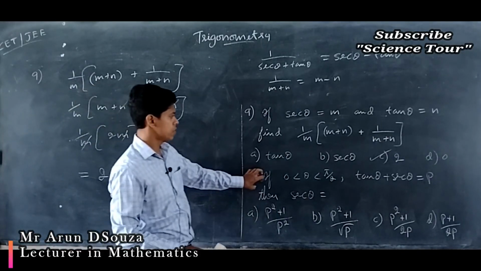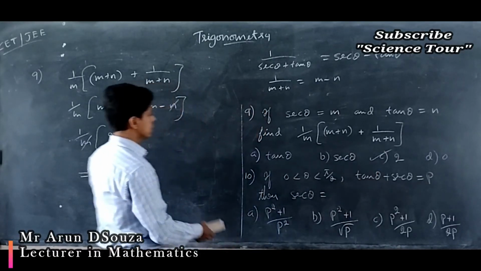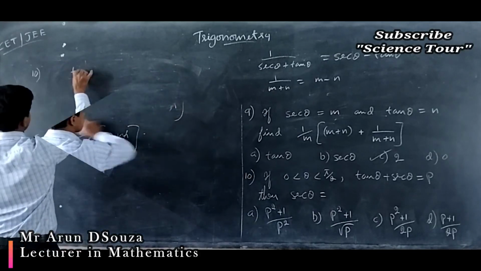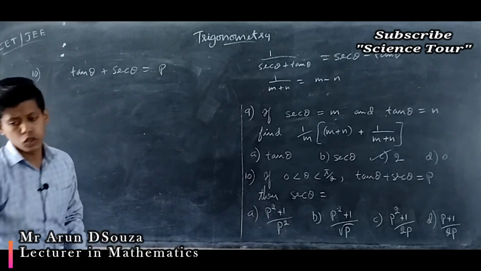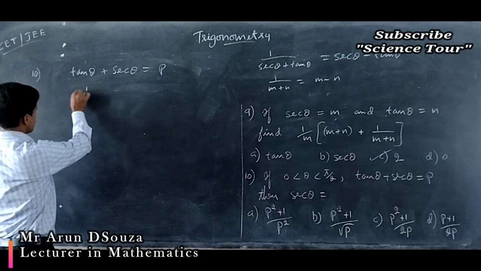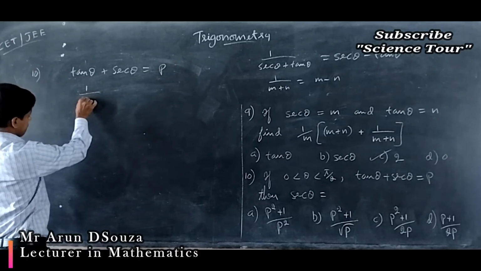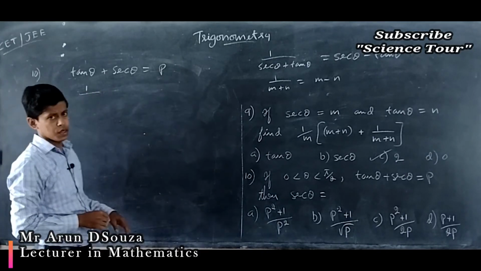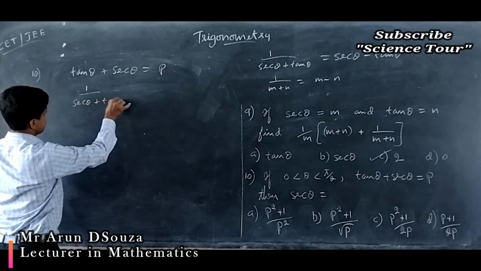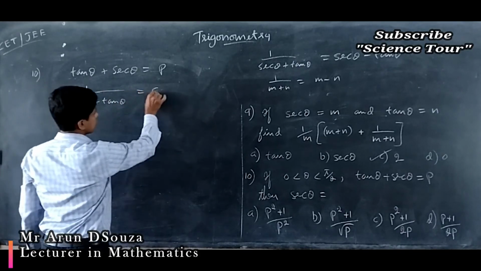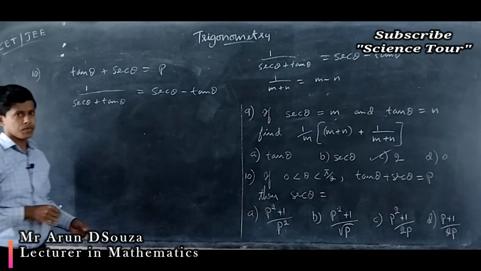Well, now question number 10 is similar, you see, because tan theta plus sec theta is given as p, okay. Tan theta plus sec theta is equal to p. Therefore, what do you know about 1 by p? Okay, so you know this, 1 by sec theta plus tan theta is equal to sec theta minus tan theta, right?